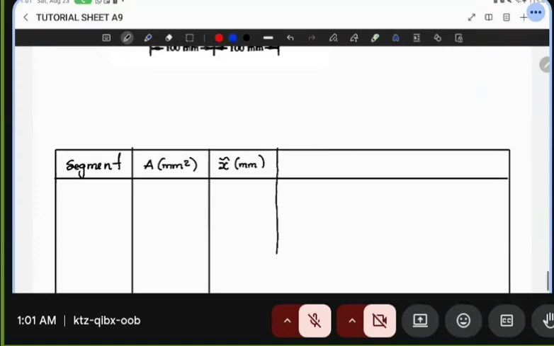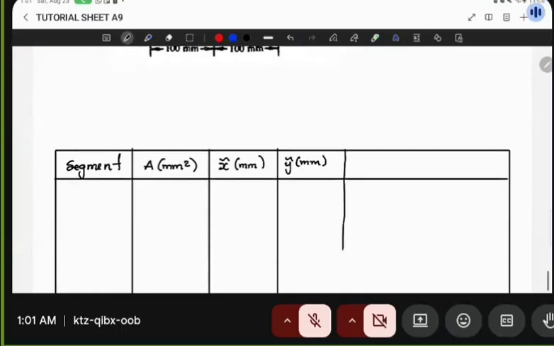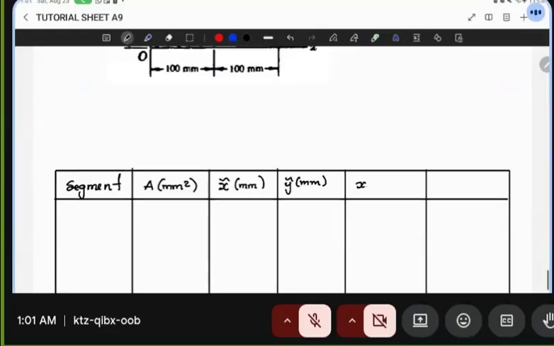Then we'll go for y-bar, which as well will be in millimeters. Then lastly, we'll get the product. So we get the product of x-bar and the area, then y-bar and the area there.